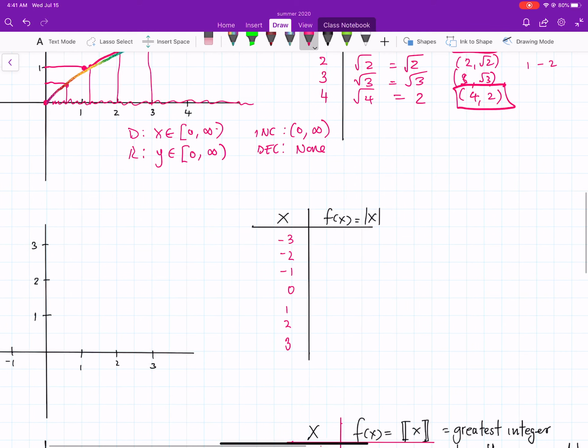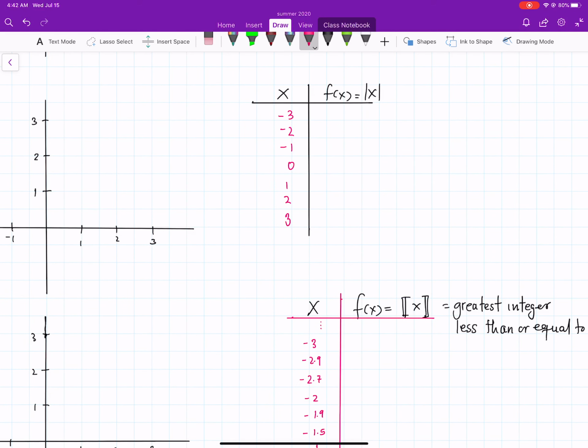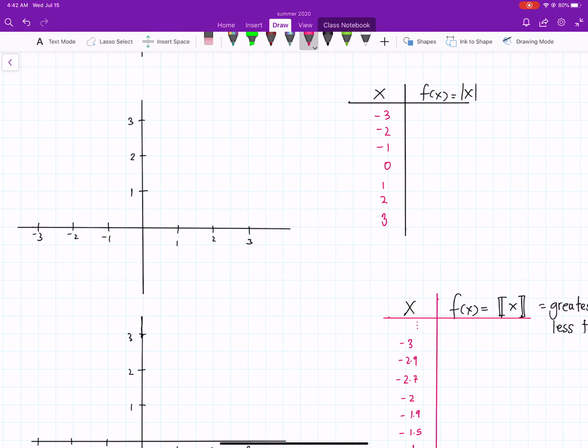Okay. Now let's look at the next one. The next one is the absolute value. And hopefully this is not new, all right? You've seen this before. So absolute value says that whatever you plug in, you're going to look at it in terms of 0 and all the positive numbers. So the absolute value of -3 would turn itself to 3.